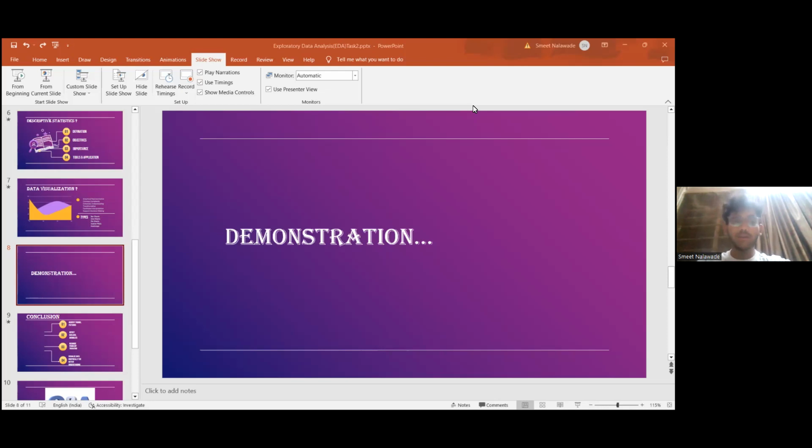In the first instance, we have imported the libraries such as NumPy, Pandas, sklearn, and Matplotlib, which will help us in visualizing the data. In the next step, we have imported the data set which I already talked about.